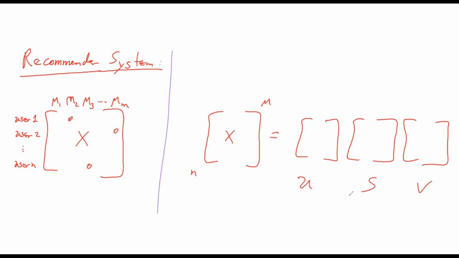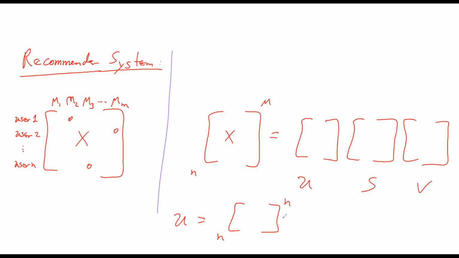And the key thing about these three matrices is that these two are square matrices. So the U matrix is going to be n by n, right?